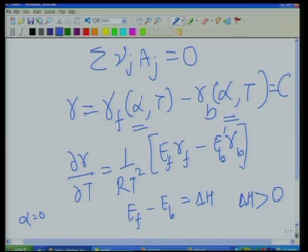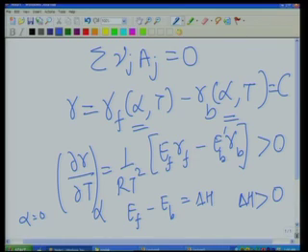What it means is that del R del T, at a constant value of alpha, is always positive, because del R del T is a difference of two terms. The first term is always higher than the second term. Why? Because EF is higher than EB and RF is higher than RB, and as a result we have this particular result that del R del T is always greater than 0.